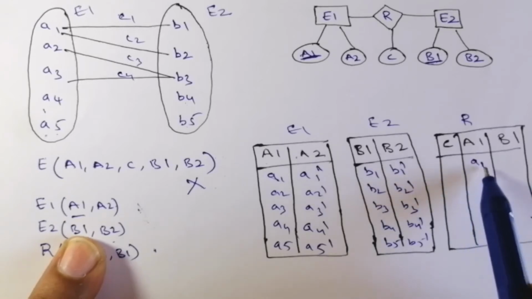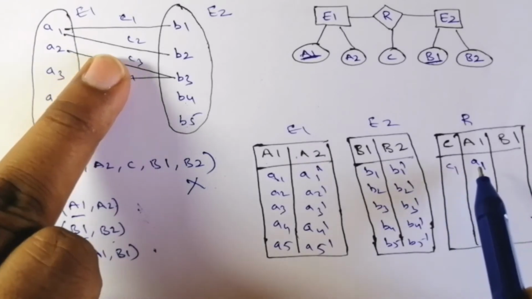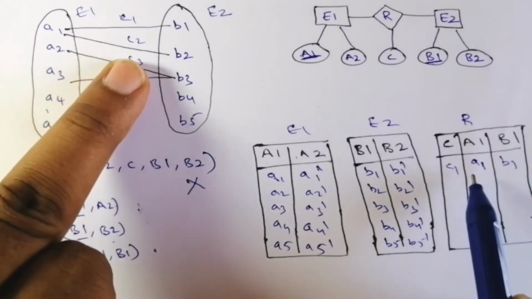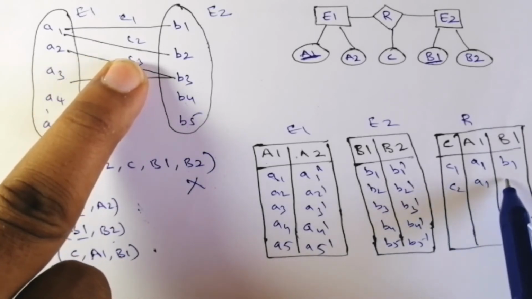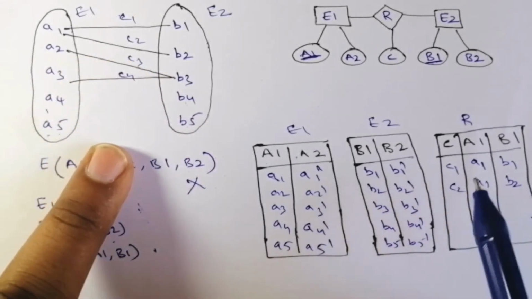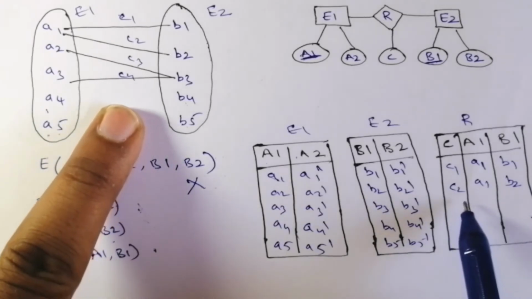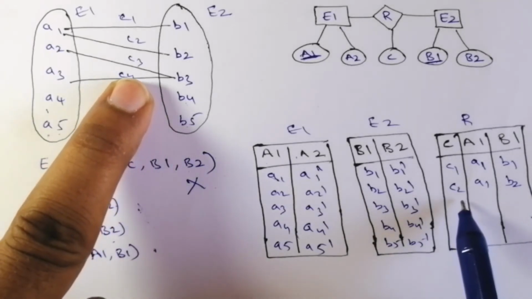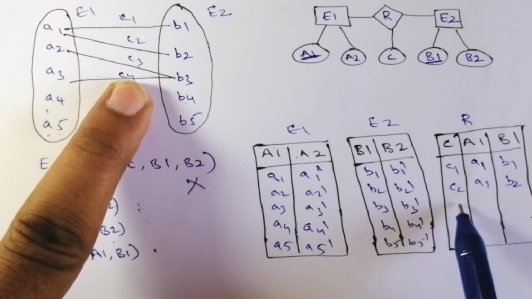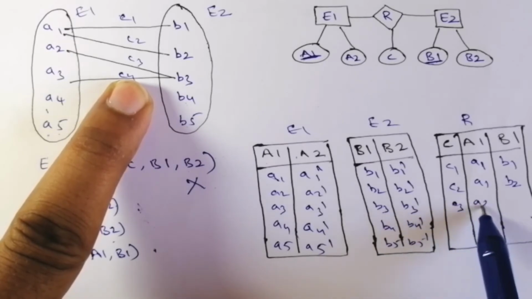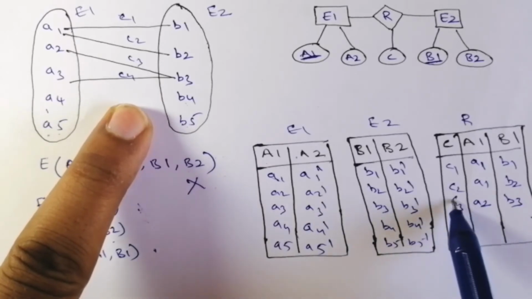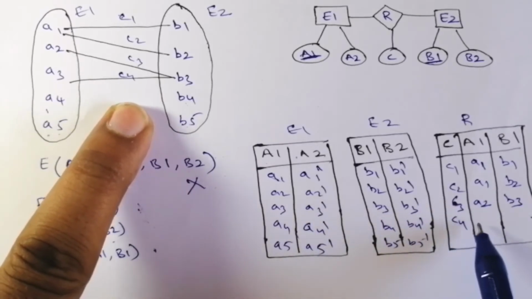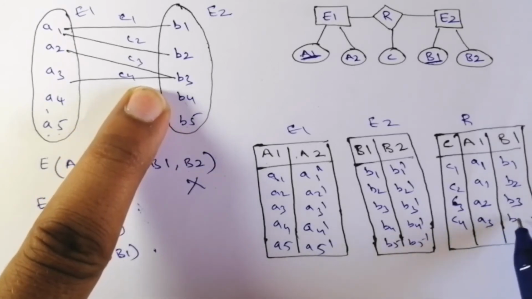A1, C1, B1, right, and A1, C2 and B2, right. Again, C3, A2 and B3, and C4, again A3 and B3, right.